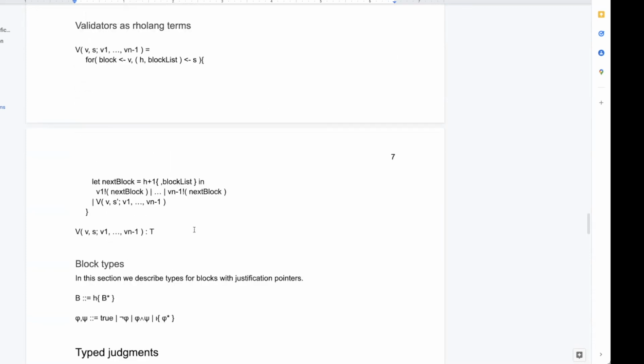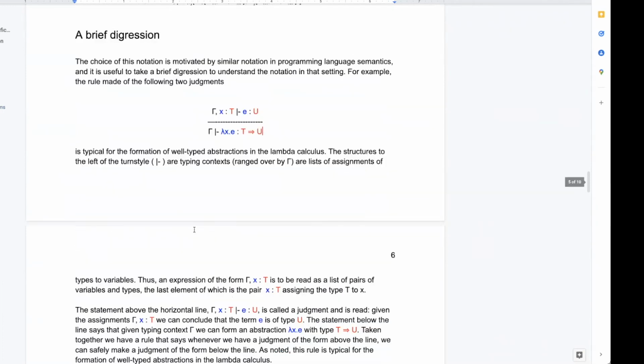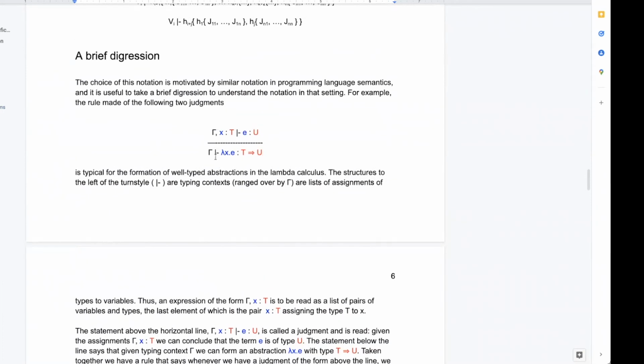So in the case of the lambda term, these rules will only build up correct lambda terms in the sense that they are well typed. And the terms that are well typed will have a particular property. Typically the property that you get with the type system F is that the term normalizes.